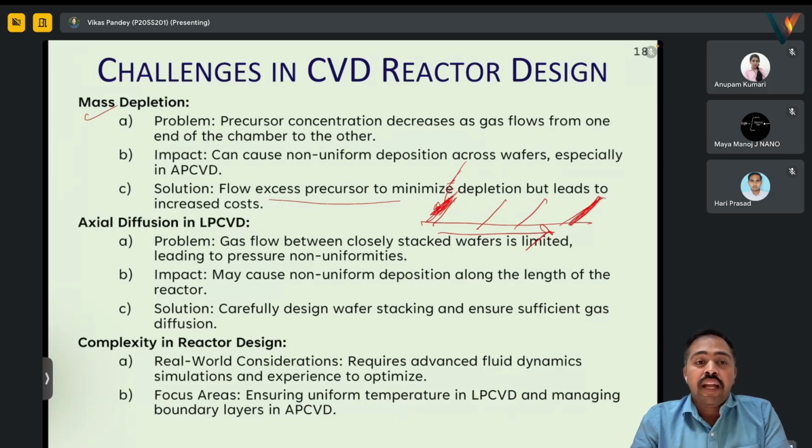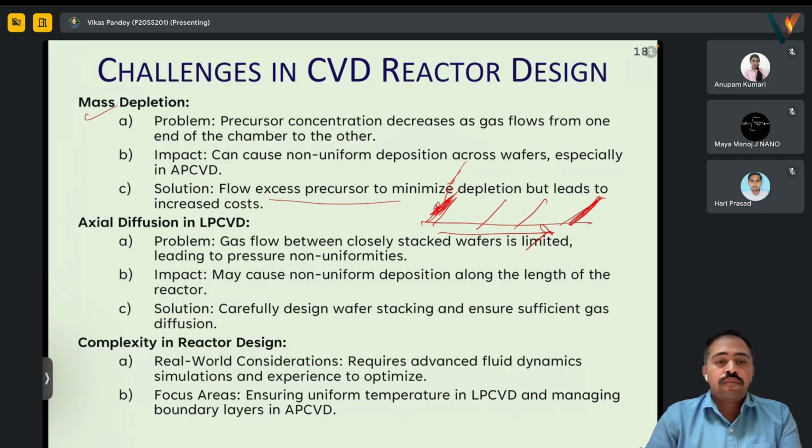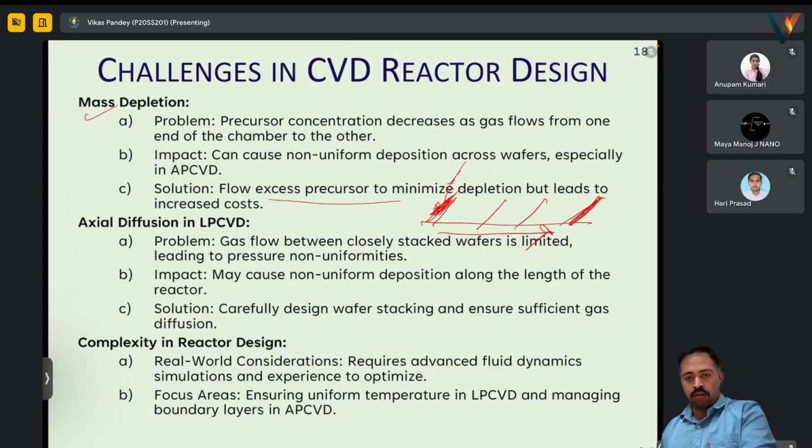The second problem is axial diffusion in case of LPCVD. The problem is the gas flow between closely stacked wafers.